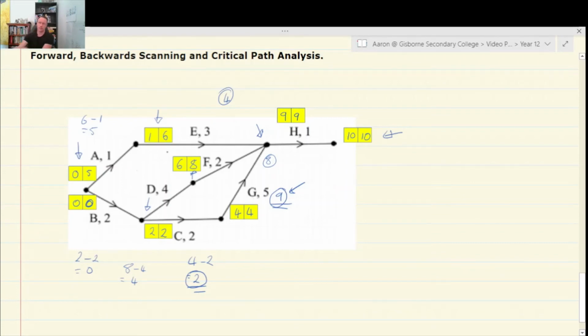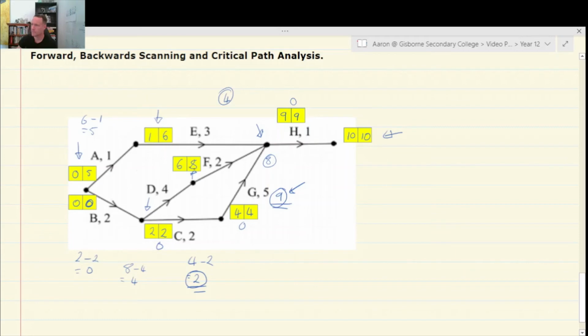It's got to start at the 6 hour mark. Okay, so A can start as late as the 5th hour mark, E can start as late as the 6th hour. And if we go down B's route, we can see that B, C, G, and H have no float time. So there's 0, 0, and 0 along that path.